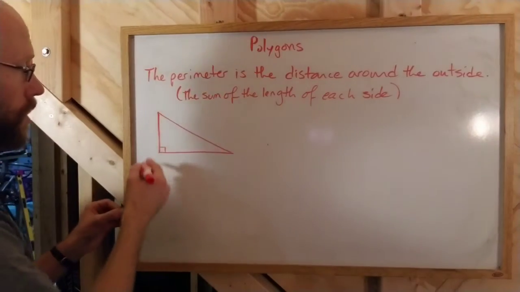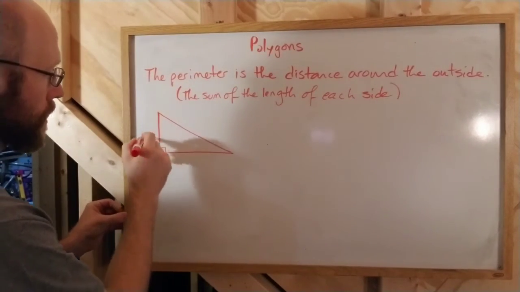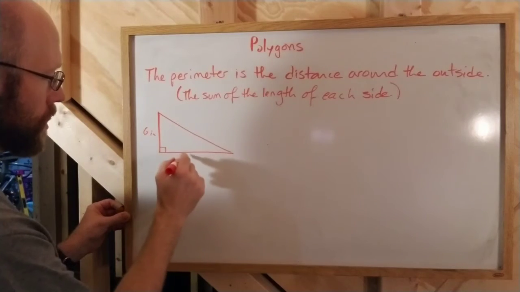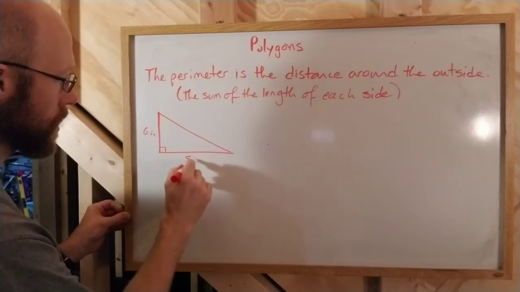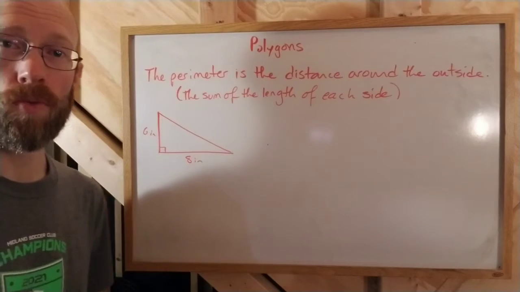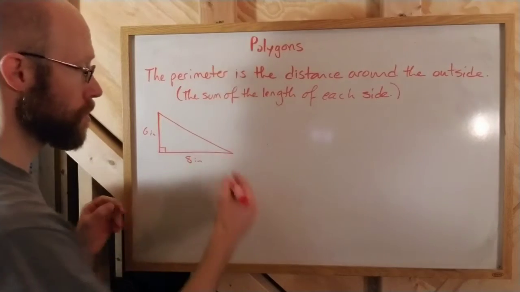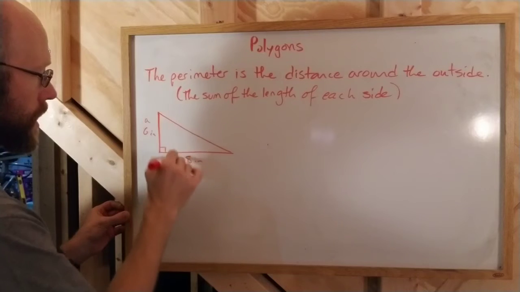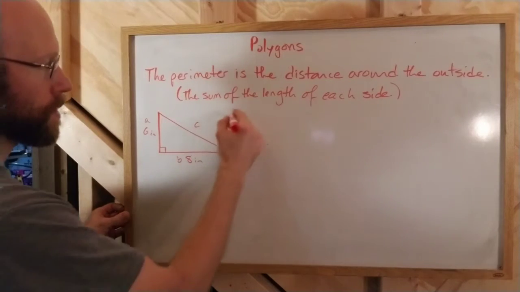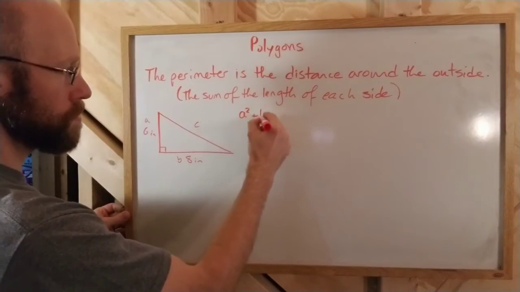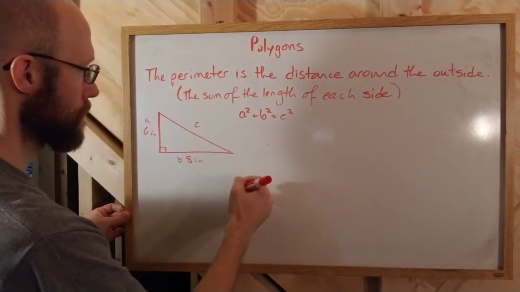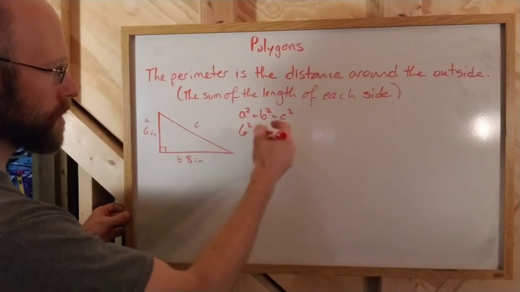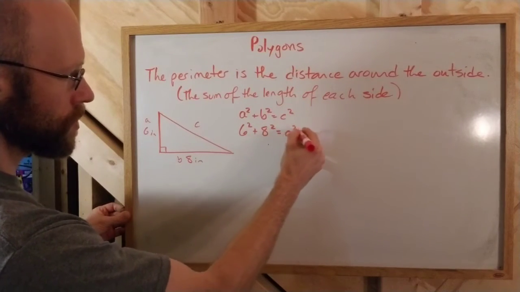Okay, so if I knew, let's say I knew the 2 legs were, let's go with 6 inches and 8 inches, then I could find the third one and then add them to get the perimeter by using Pythagorean theorem. Remember, if this is side A, side B, and side C, we know that a squared plus b squared equals c squared. A is 6, b is 8, c we don't know.